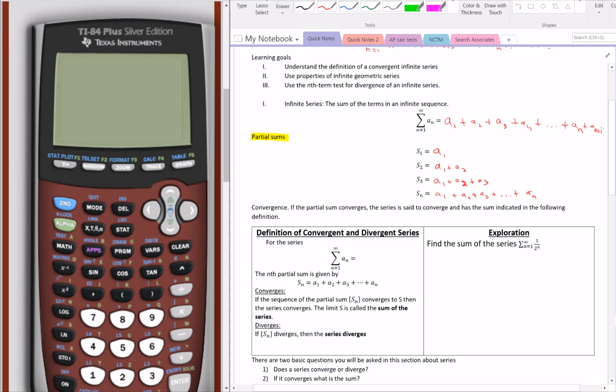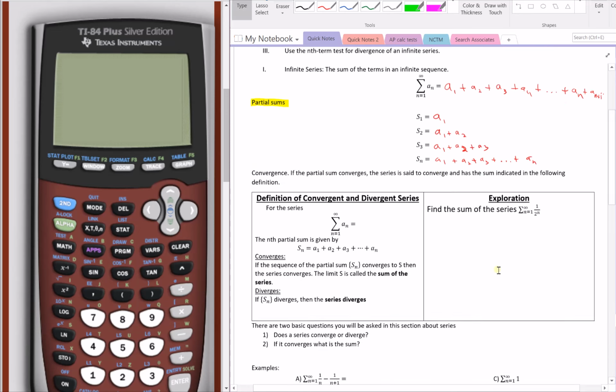You add up the first 100 terms and see what it looks like. If you look at enough terms, eventually you're going to see a pattern, like, oh, this is approaching 1. As I add up more and more terms, the total sum is getting closer and closer to 1, or closer to 5, or it's just going up without bound and never stops increasing, so it's going to go to infinity.